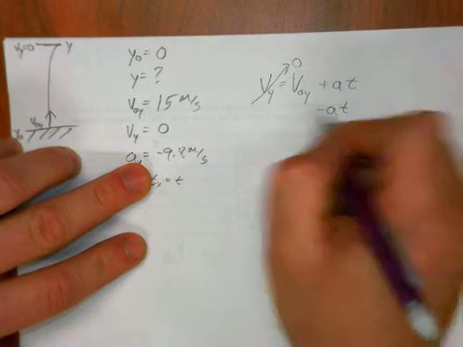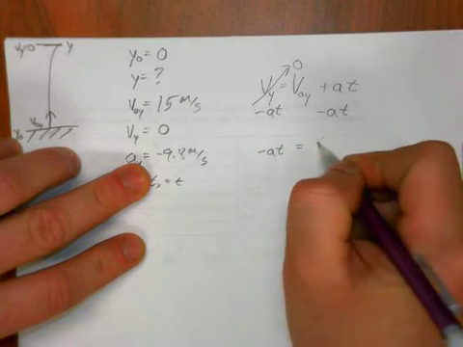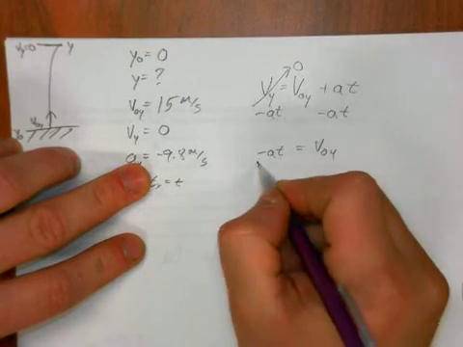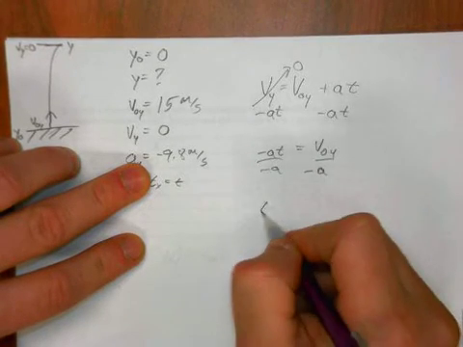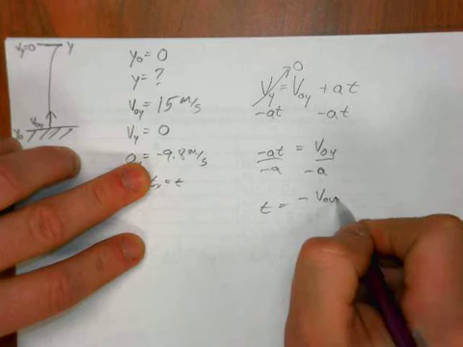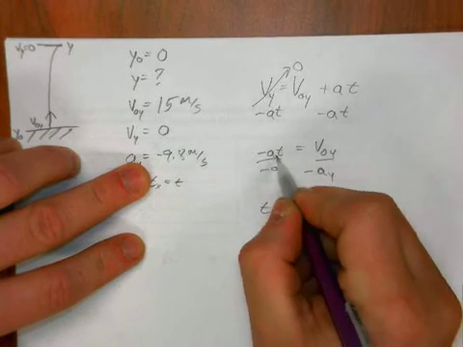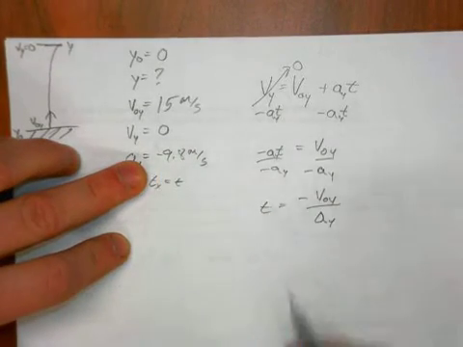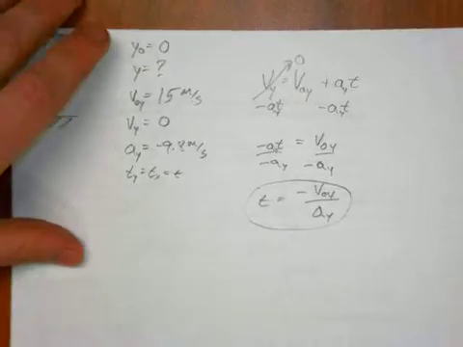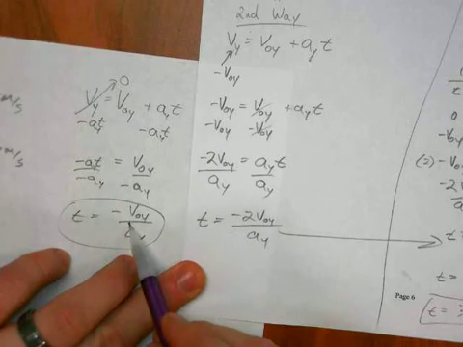If we subtract at from each side, we have negative at equals v0y. Divide by negative a, and t equals negative v0y over ay. So that's your solution there, except that if you note over here, this is 1/2 of this.